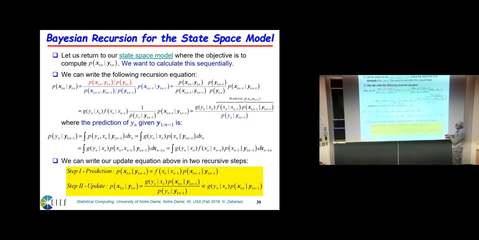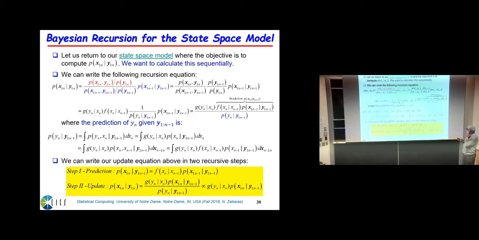And then I use again the product rule of probability, and I write this as the probability of xn given xn minus 1 and all of this. And of course xn only depends on xn minus 1. And then what you have is the probability of xn minus 1 given y1 to n minus 1. Okay? And do we know this term here recursively?